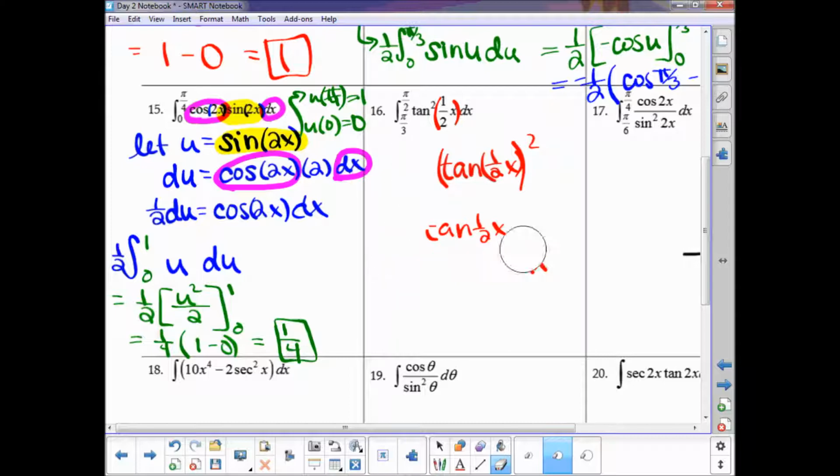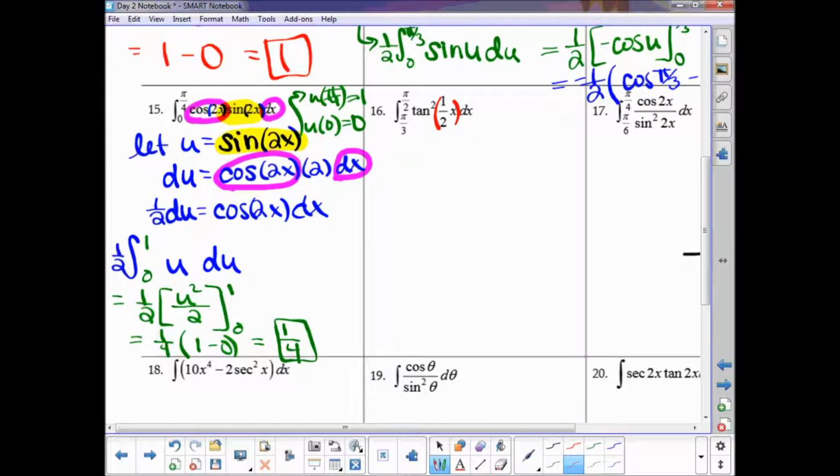Any thoughts on what we can do with this step before even taking an antiderivative? What do you say? Good, let's take a look at that: sine squared 1/2 x over cosine squared 1/2 x. Can that help us out?